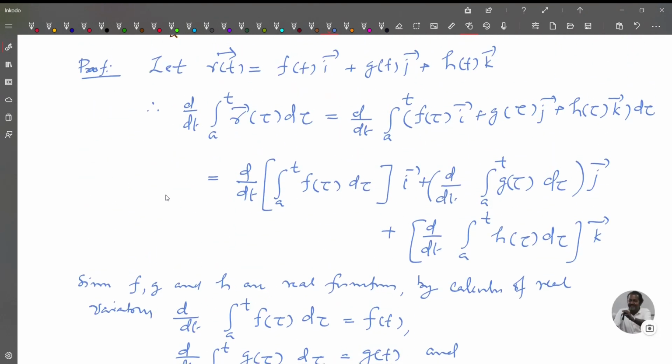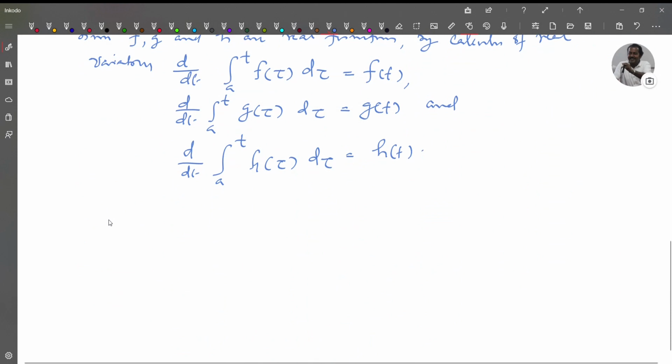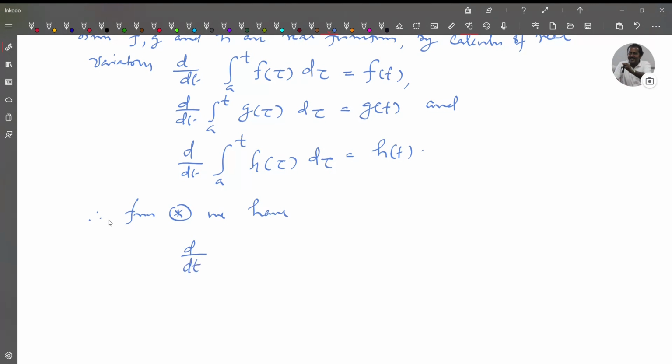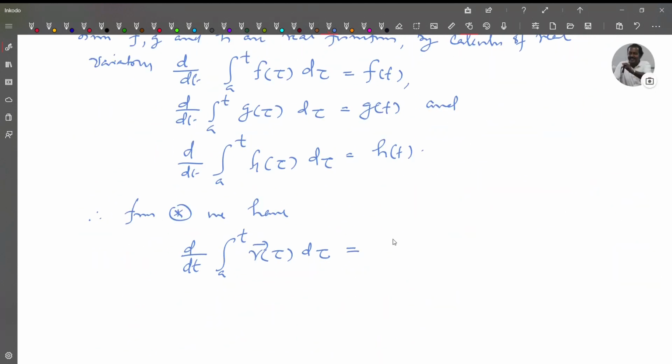Therefore, taking this as equation star, from star we have d by dt of the integral from a to t of r of tau d tau equal to f of t i plus g of t j plus h of t k, which is equal to vector r of t.